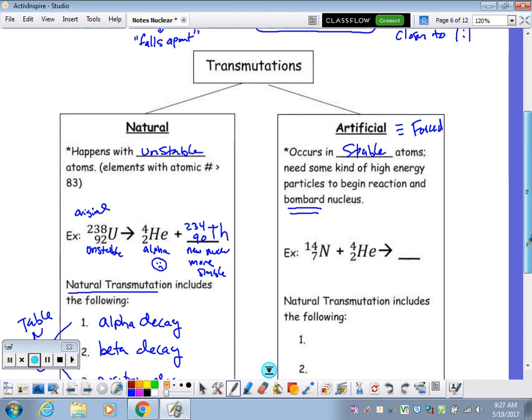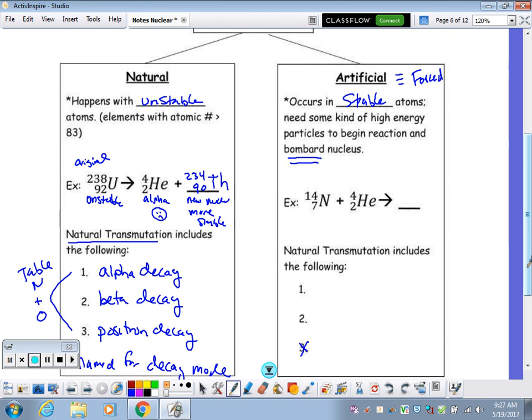Okay, so we have nitrogen-14. And if you notice, this has a natural 1-to-1 ratio. So this is a very stable nucleus. However, notice that there is a second formula being shown here, an alpha particle.